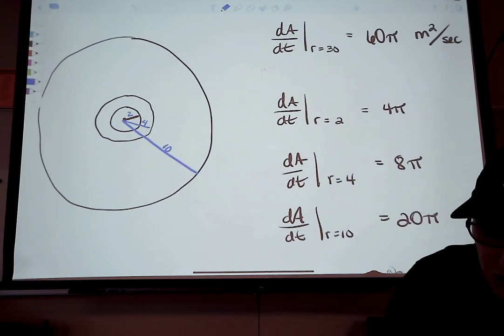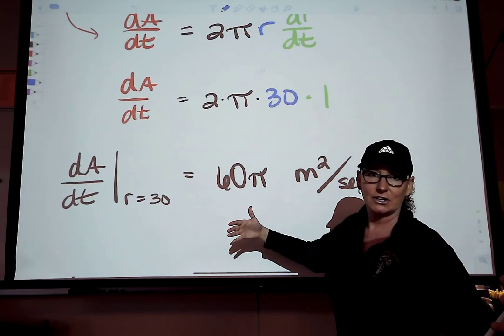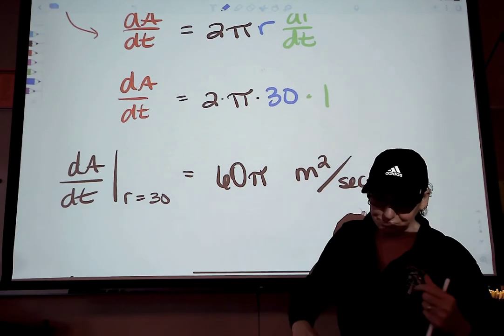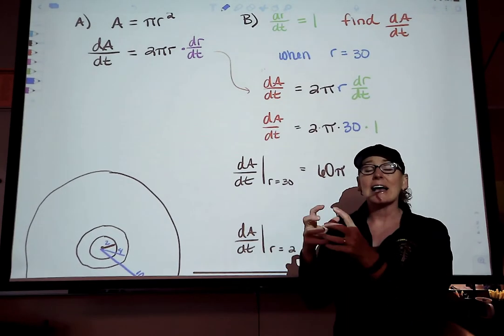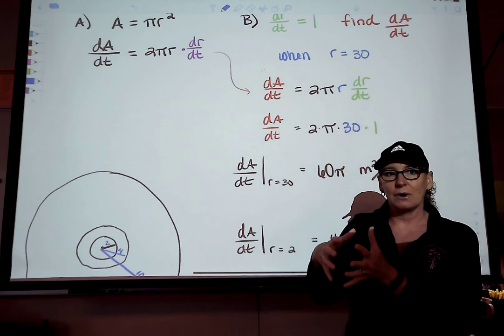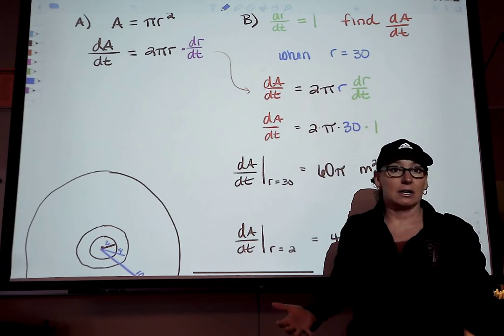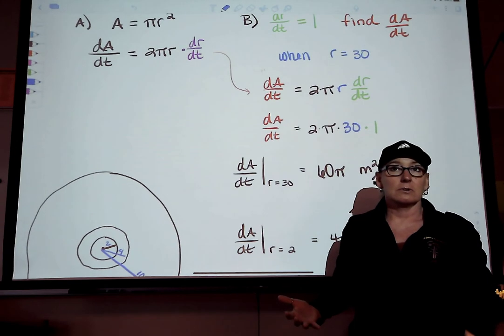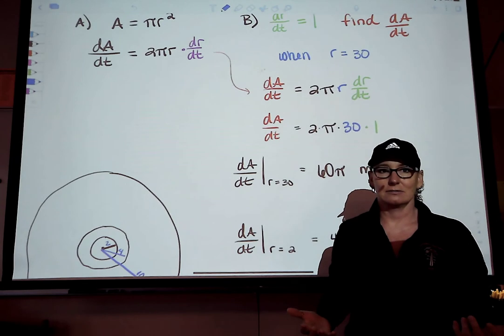When r is 30, the area is growing even faster. So that's kind of the cool thing about related rates. One aspect of our shape can be growing at a constant rate, while another aspect is growing at a rate which is changing. And that's kind of cool.